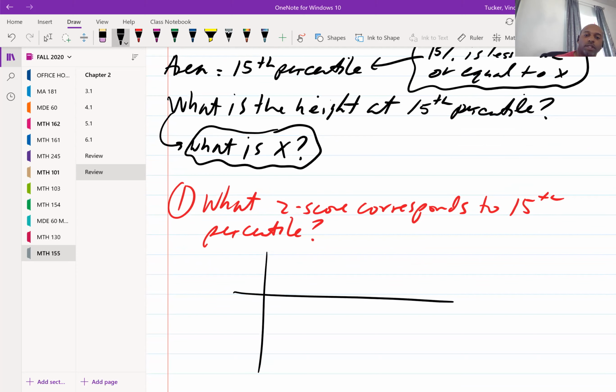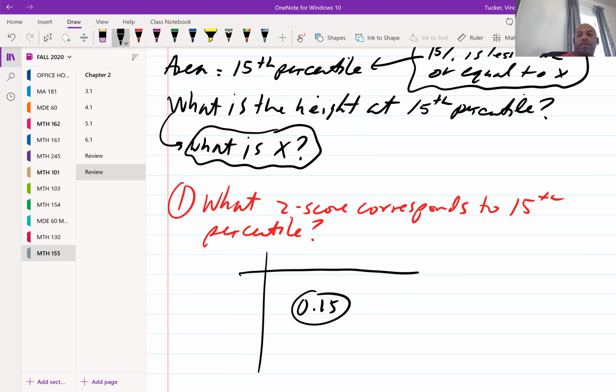So this is one of those times where you have to go to the chart. 0.15 represents the 15th percentile, and we want to know what z-score corresponds to that.